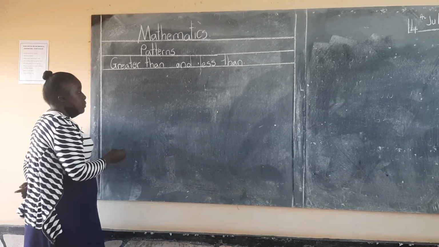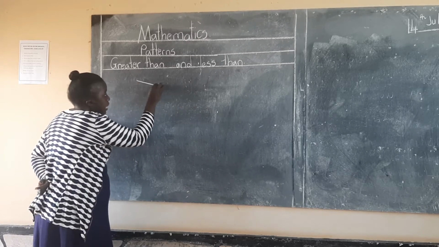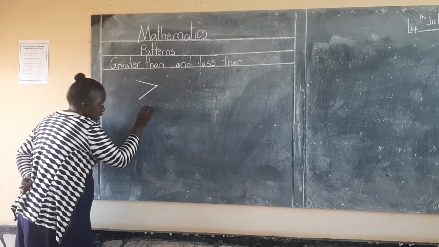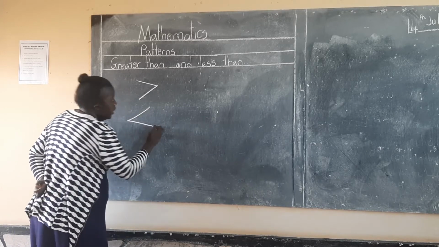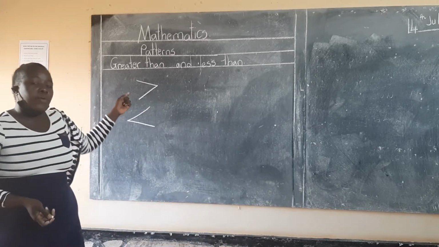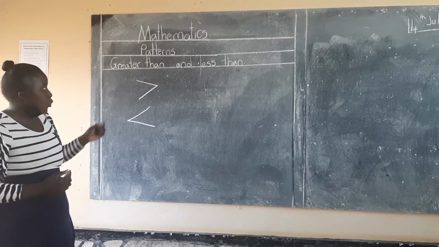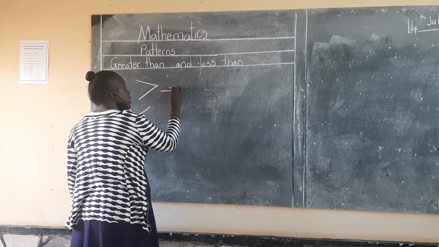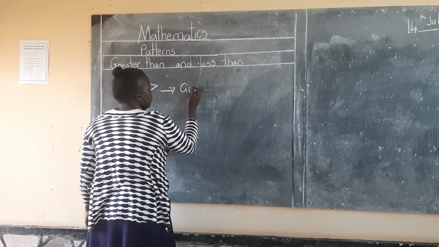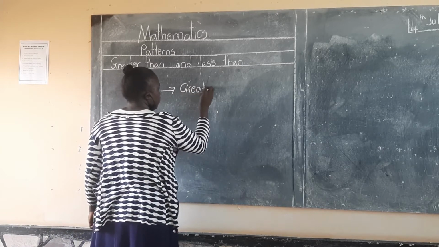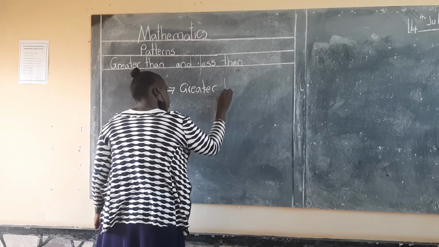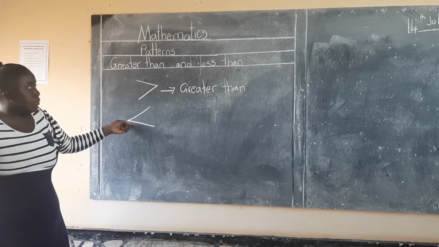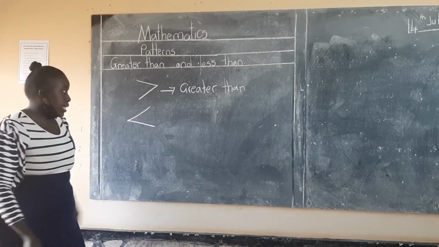So the first symbol that we have is this symbol, and the second one is this one. The first symbol represents greater than, while the second symbol represents less than.